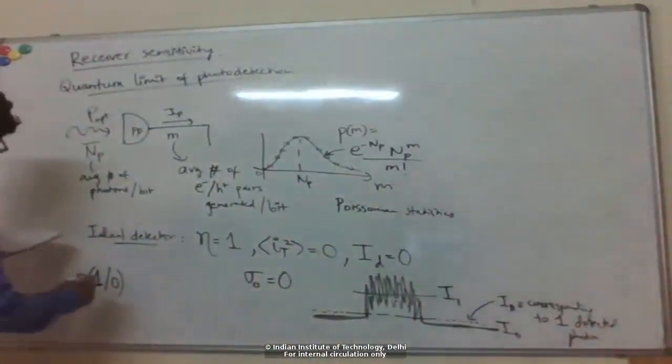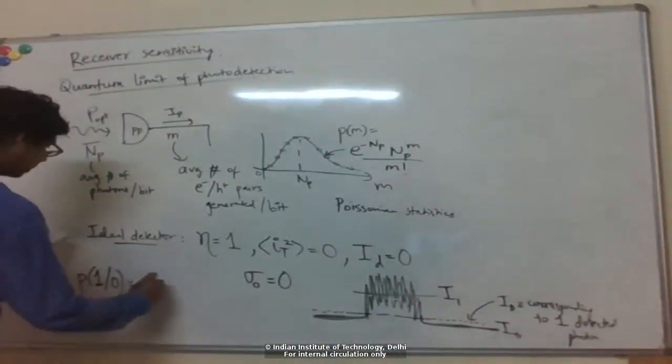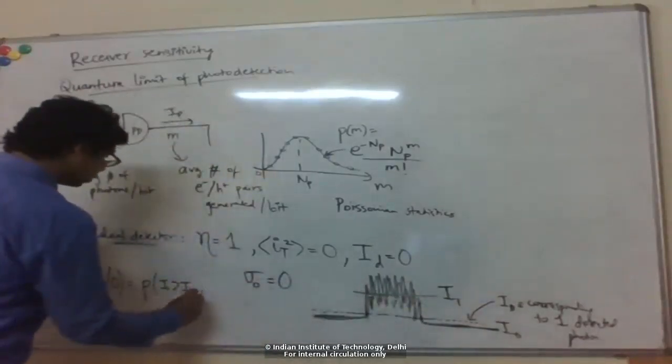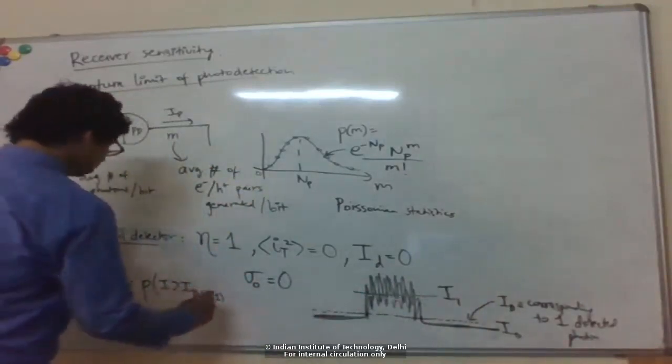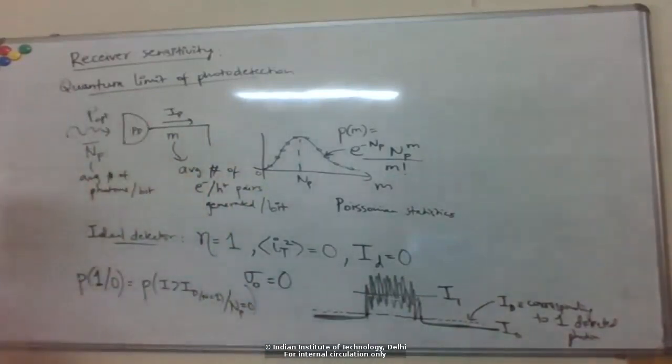So this is the probability that I detect a current which is more than this threshold current value corresponding to one detected photon, given that 0 photons are received.